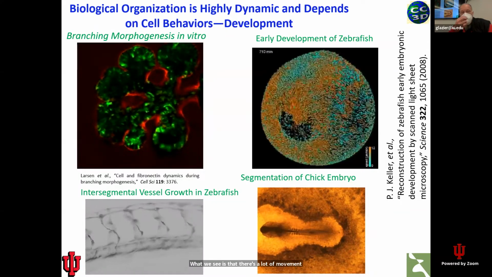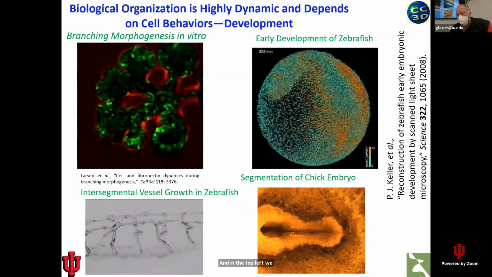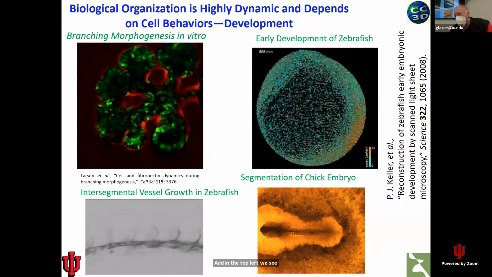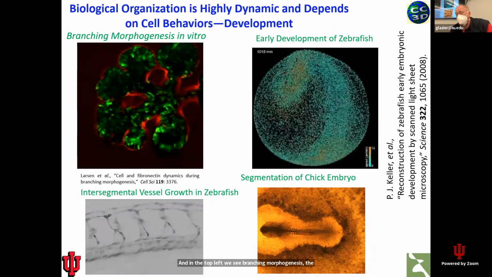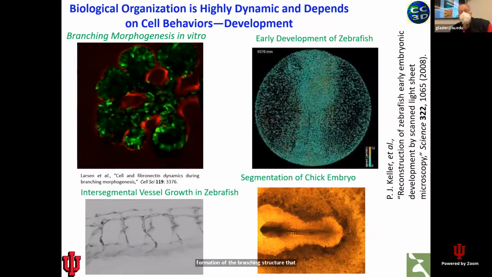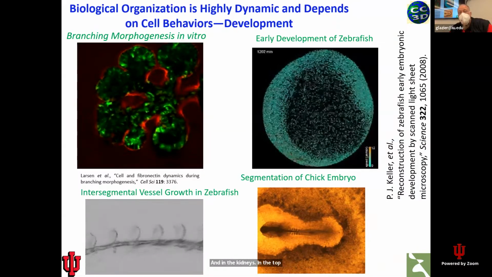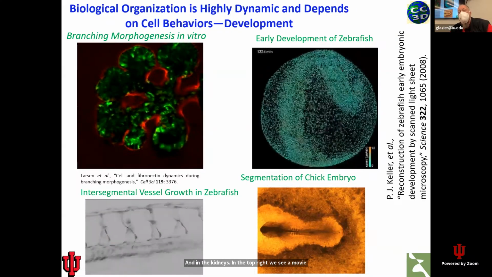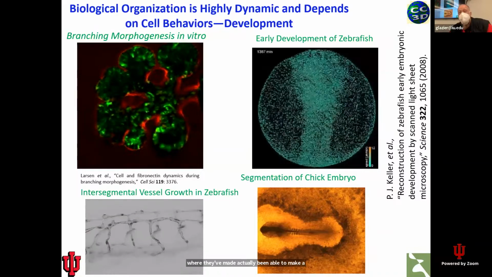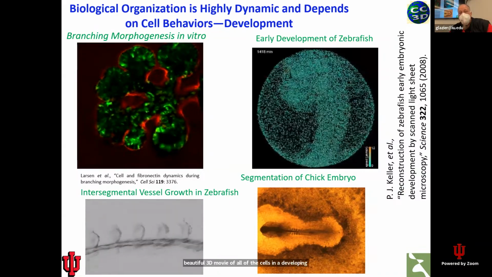In the top left, we see branching morphogenesis, the formation of the branching structure that leads to the lungs, the branching structure in the lungs and in the kidneys. In the top right, we see a movie where they've actually been able to make a beautiful 3D movie of all of the cells in a developing fish embryo during early development.